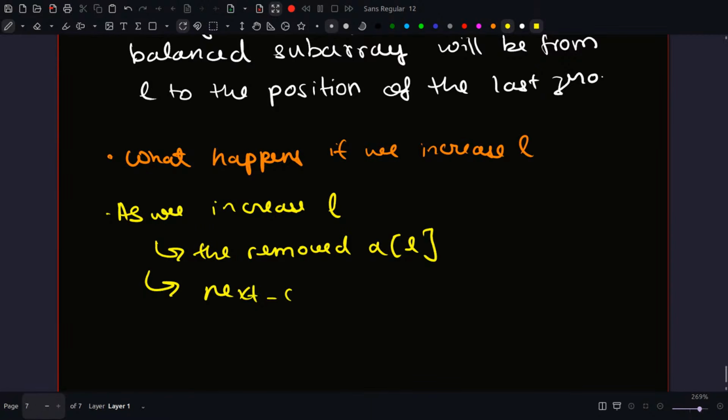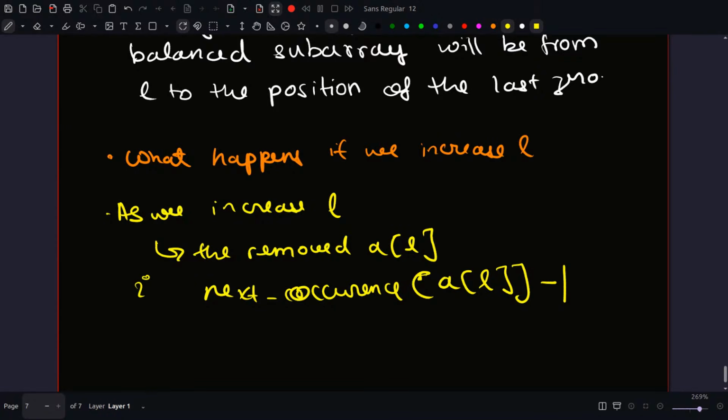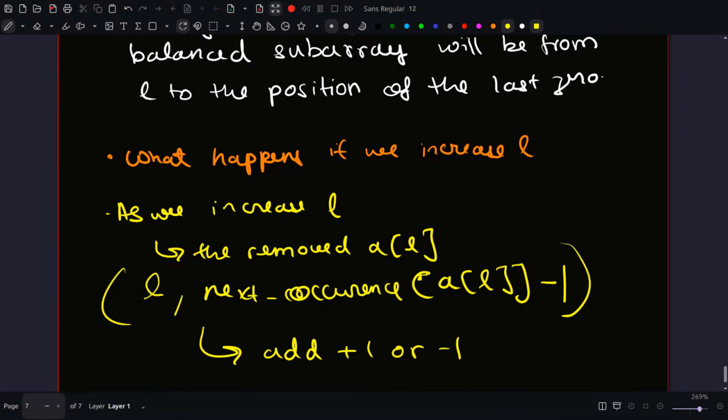Then from the leftmost position L to the next occurrence of A of L minus 1, we add a +1 or -1, depending on whether it's even or odd, using the segment tree.